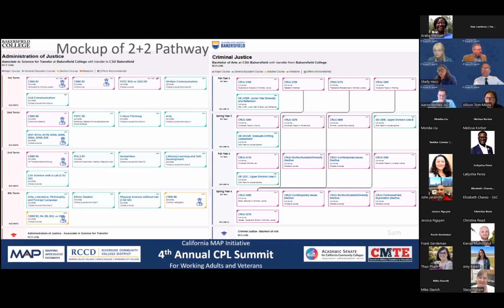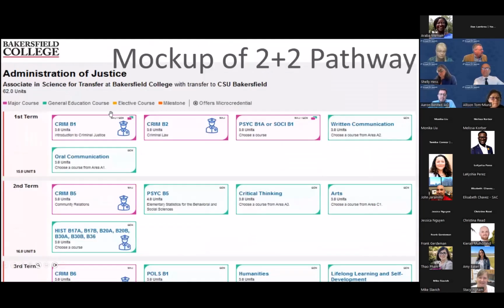in the mapper, it will display some form of icon, like this blue police officer here, on a course that is eligible for CPL.